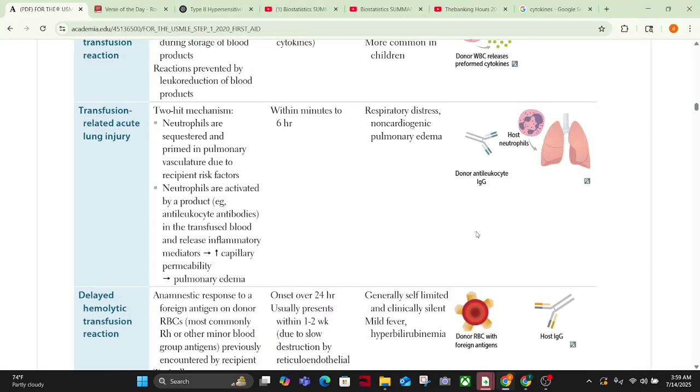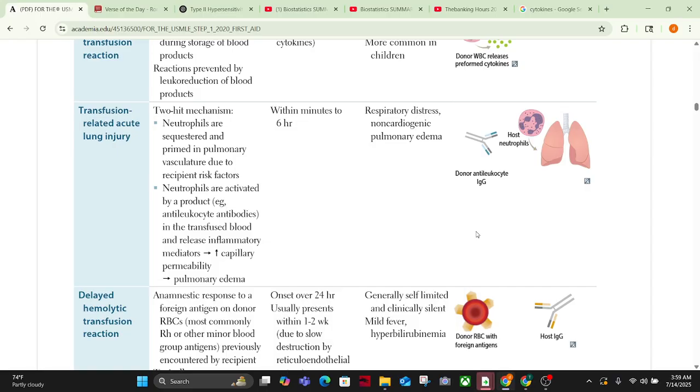So what that means is neutrophils will go and accumulate in special areas of the lungs. The neutrophils are from the host, which is the recipient, and in this host, neutrophils will go and accumulate in special areas of the host's lungs.